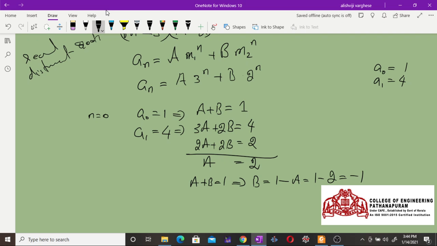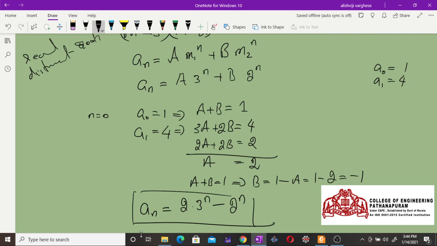So here a is equal to 2 and b is equal to minus 1, and by substituting that in our solution, an is equal to 2 into 3 raised n minus 2 raised n. So this is our solution to the given recurrence relation.